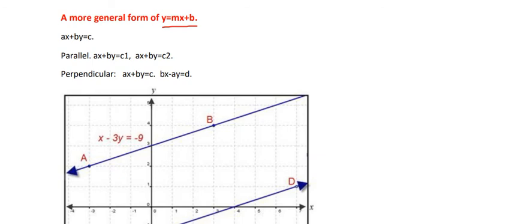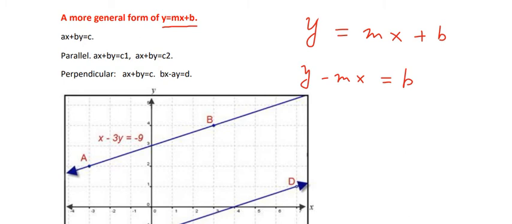We change y equals mx plus b to y minus mx equals b, or we put x first, y second.